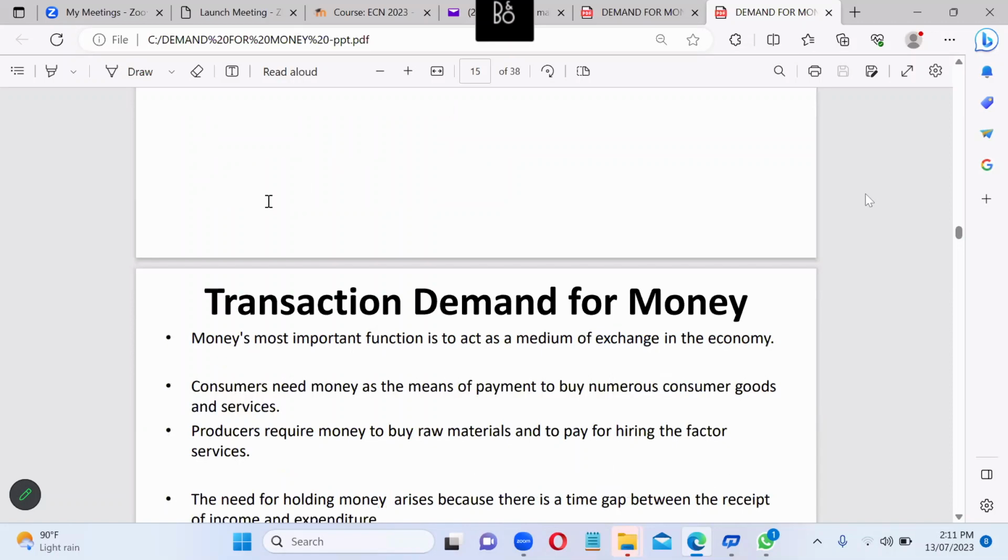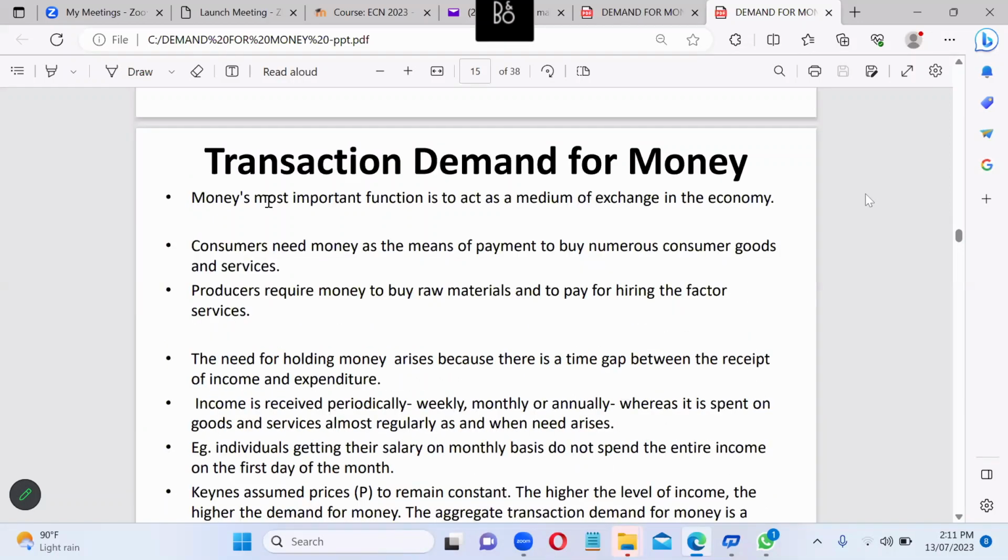What is the transaction demand for money? Money's most important function is to act as a medium of exchange in the economy. This is well known. But consumers need money because they have to make payments to buy numerous goods.